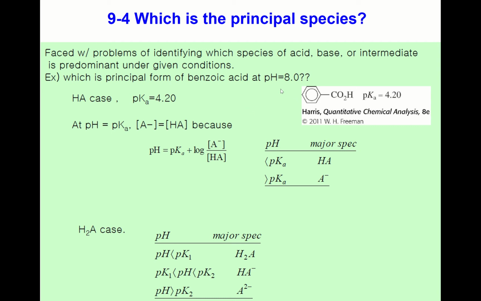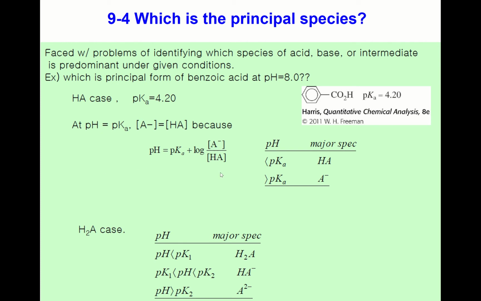At pH 8.0, which one is the principal species? Benzoic acid, the structure is like that. pKa is 4.2. Using this Henderson-Hasselbalch equation, we can calculate the ratio of A minus and HA.